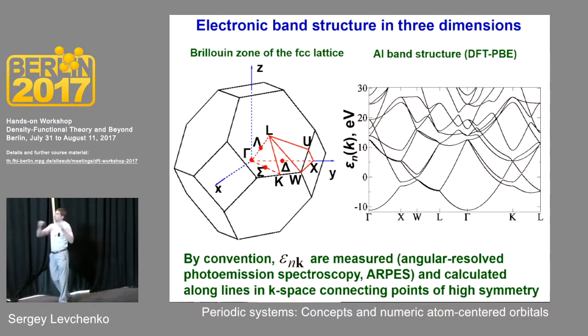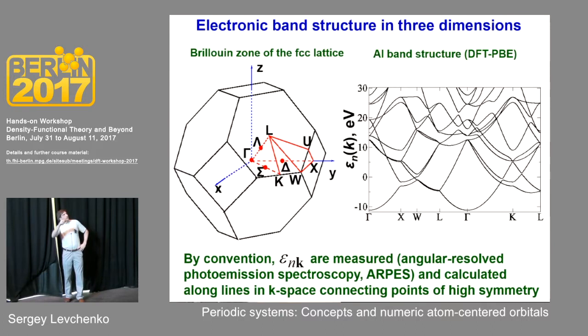So it is still one-dimensional. We kind of unfold this three-dimensional function using this convention. And this path is chosen such that these lines connect important points in the Brillouin zone, which are symmetry points.